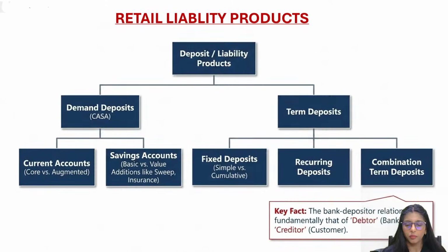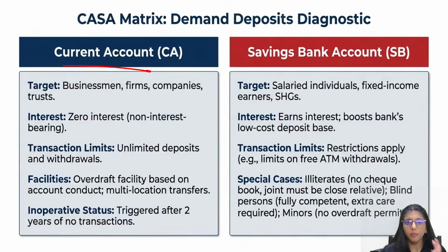What is a current account basically? A current account is generally opened by businesses, firms, institutions who mainly conduct business, who do frequent transactions for work purposes. But a saving account is opened by an individual person, salaried person, employed person.